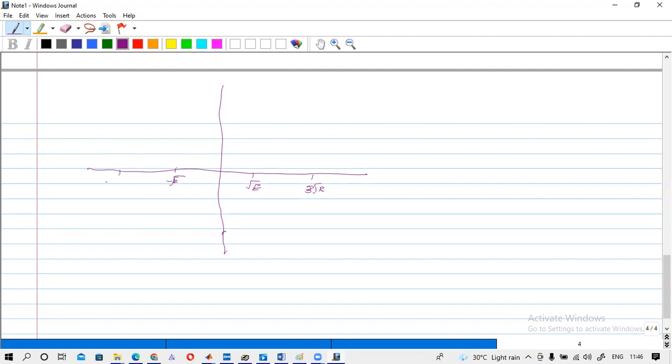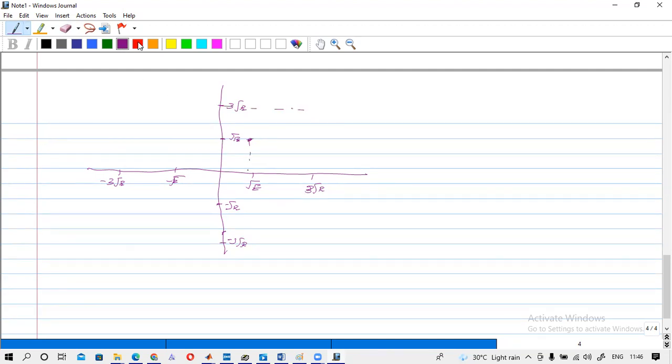This will be minus 3 root t. This will be root t. This will be 3 root t. And this will be minus 1 root t. This will be minus 3 root t. So the points will be like this.